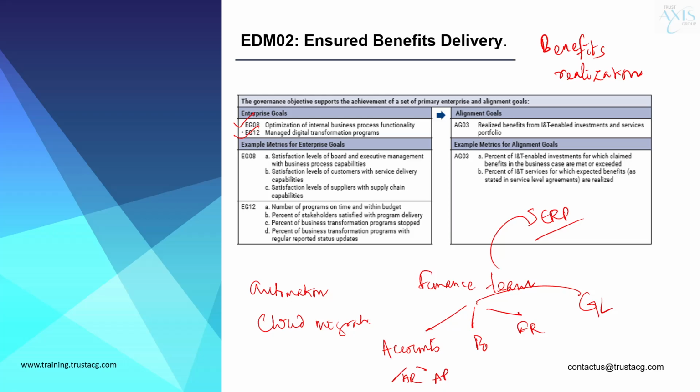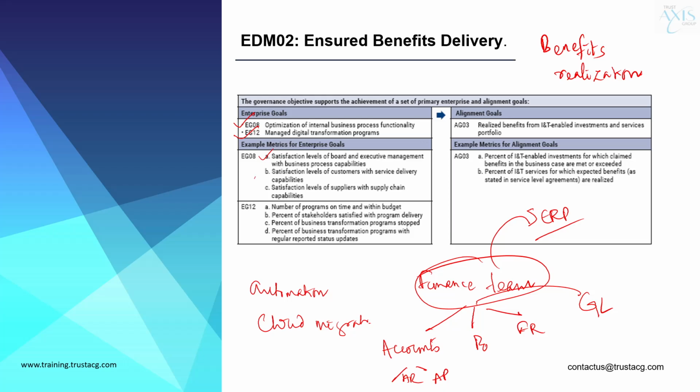Now, in order to measure the success against these enterprise goals, there are various metrics that we can track, right? For example, the first thing we could track is the satisfaction levels of the board as well as your executive leadership with how the business processes are operating and performing on the ground with IT enabled solutions, of course.